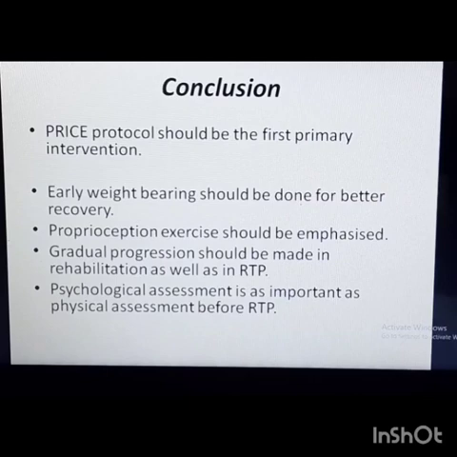Gradual progression should be made in the rehabilitation as well as in return to play. Progression should be gradual. Many a time you may come across that today the player is very much okay with the rehabilitation, he is feeling better, he's improving. Tomorrow he might say no, he is having pain or something. So the progression in the rehabilitation is never a linear curve, it may go up and down.